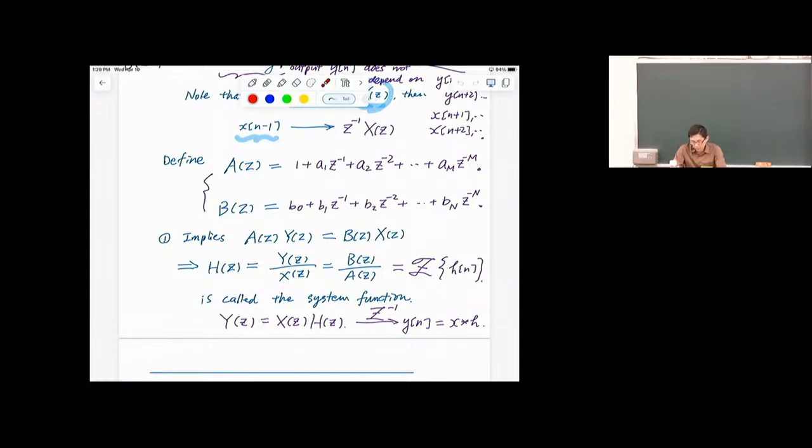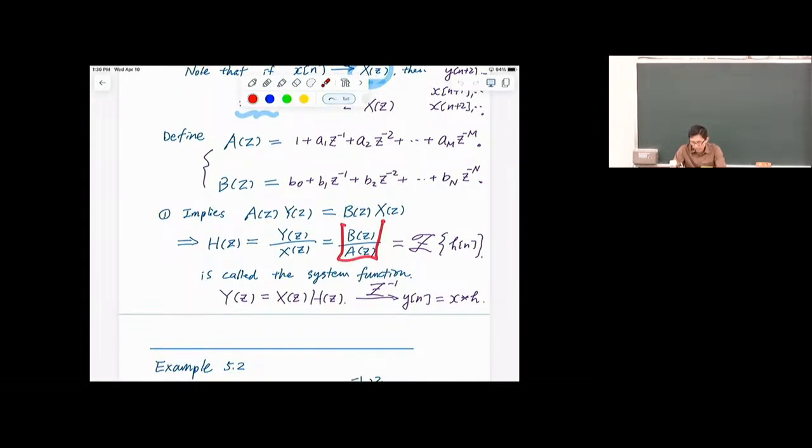When H(z) is written as B(z) and A(z), it's easy to check that B(z) divided by A(z) equals the z transform of the output divided by the z transform of the input. Therefore this is called the system function, which is a rational function.